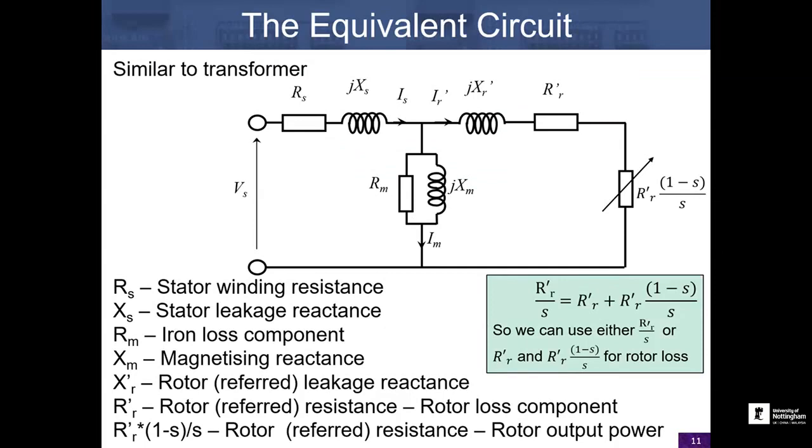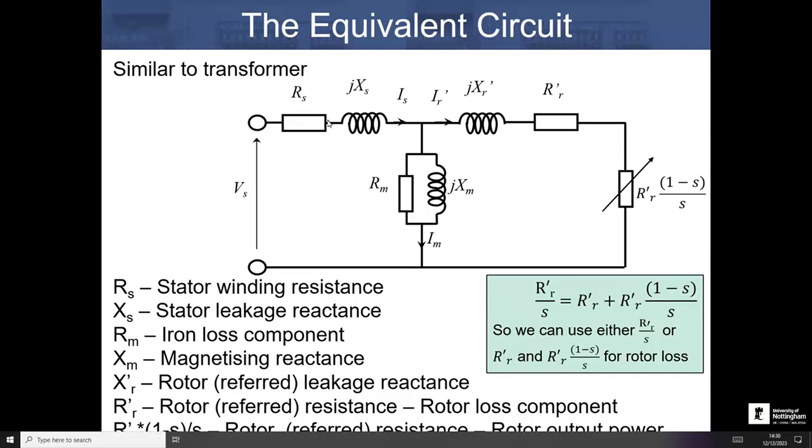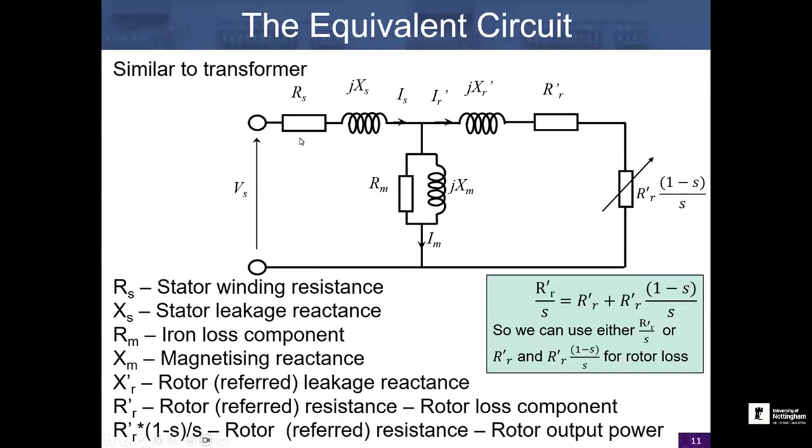So in our equivalent circuit, we went through how we developed this from transformer theory. So we start out with separate circuits for the stator and rotor, accounting for power that's linked between the two. But ultimately, because the rotor is a closed loop, because it isn't linked to anything else, we can then refer all those rotor quantities back to the stator and come up with an equivalent circuit like this, with a few key components. We have stator resistance and leakage reactance, these two components, RS and XS.